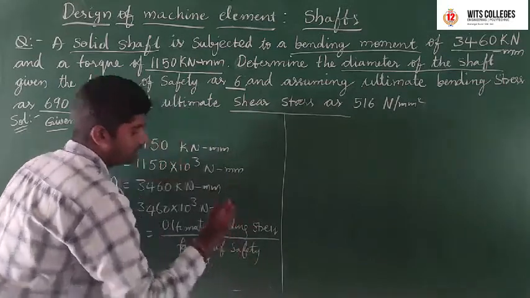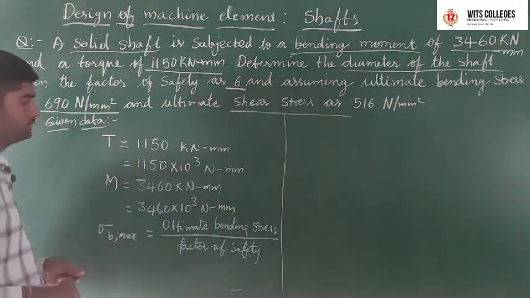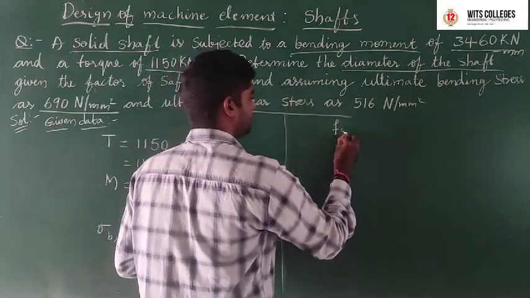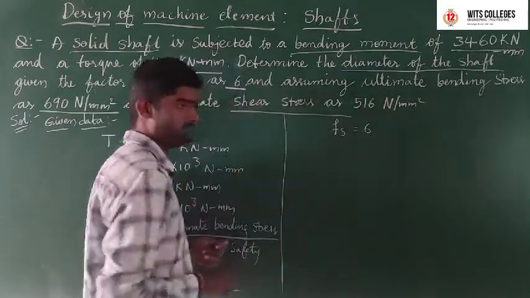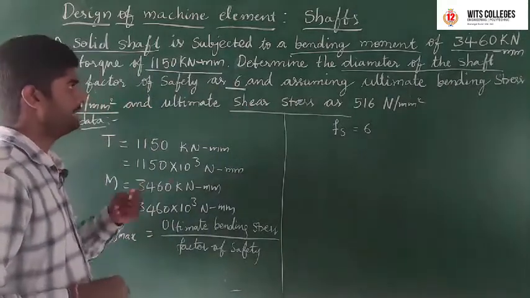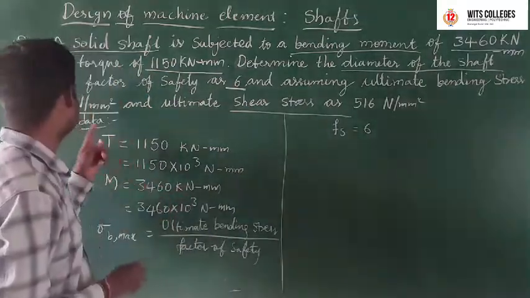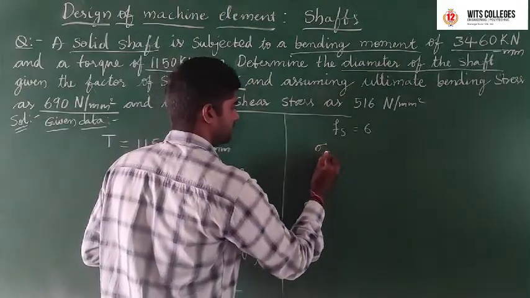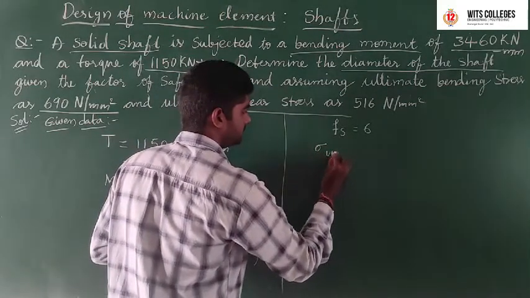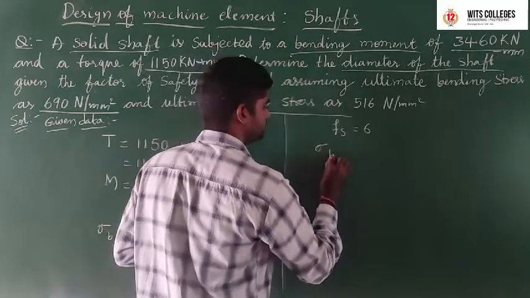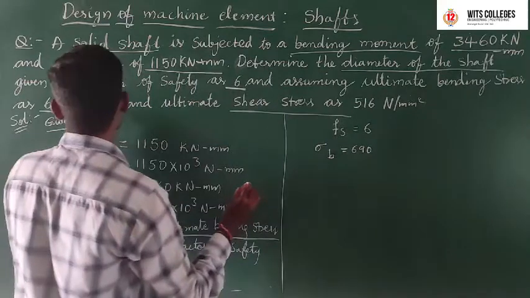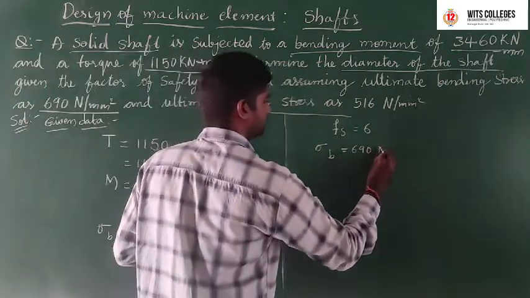In this problem, factor of safety Fs is equal to 6, and ultimate bending stress sigma B is equal to 690 Newton per mm square.